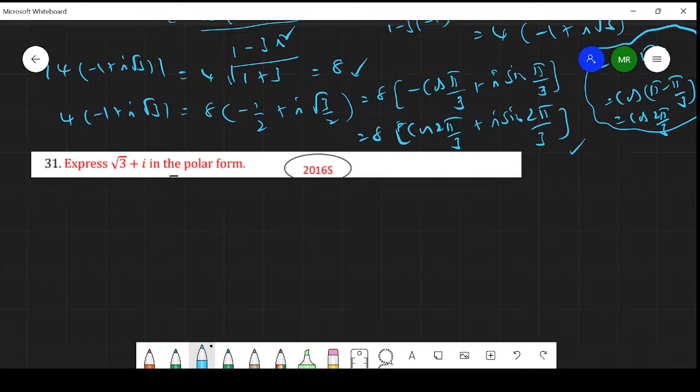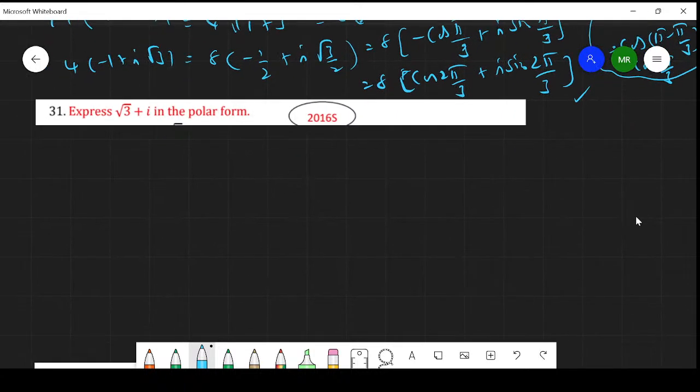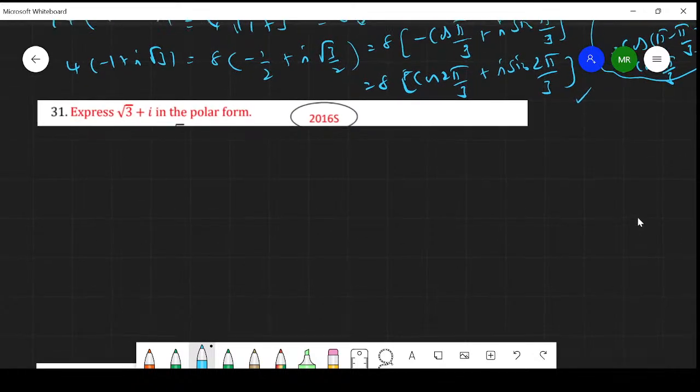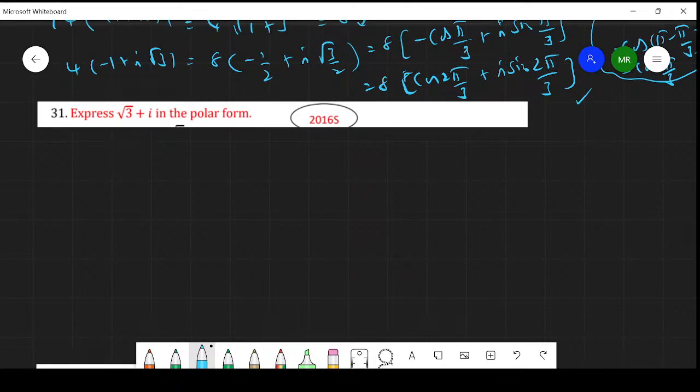Express root 3 plus i in polar form. When they are asking for root 3 plus i in polar form, this is a simple problem. The complex number is in the first quadrant. Take the r value. r is equal to mod of root 3 plus i, which is equal to root of root 3 whole square plus 1 square. Try to understand: root of a square plus b square.